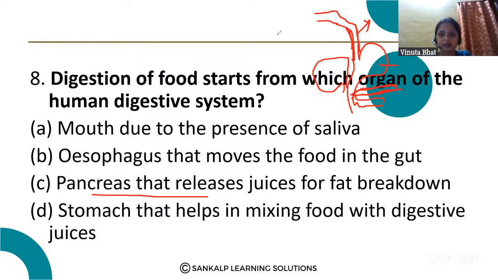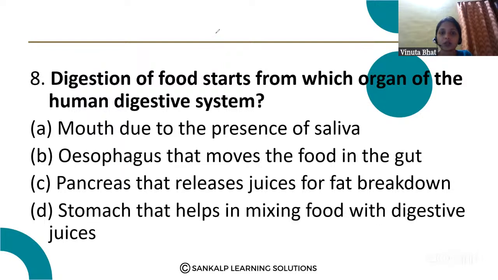No, food digestion starts from the mouth due to the presence of saliva. Saliva, which is present in the mouth, is helpful for the digestion of carbohydrates, converting carbohydrates into simple sugars. So the correct answer is option A, mouth, due to the presence of saliva.